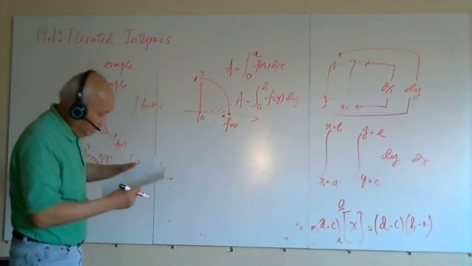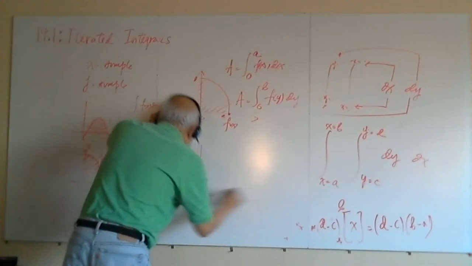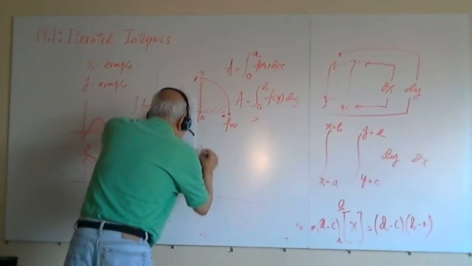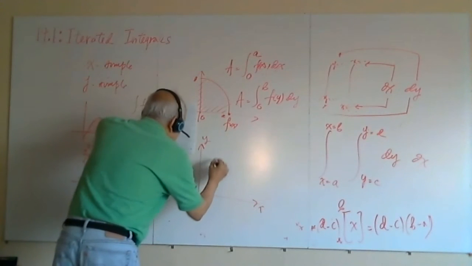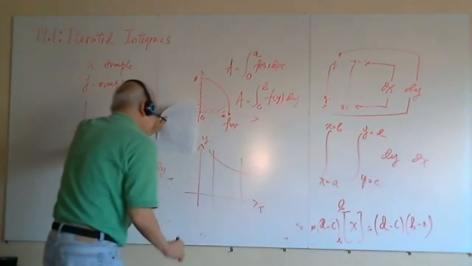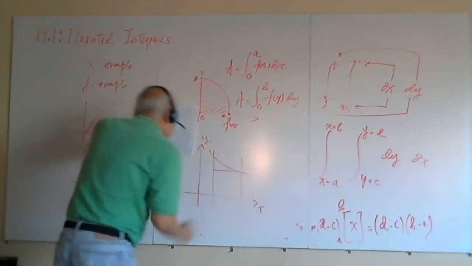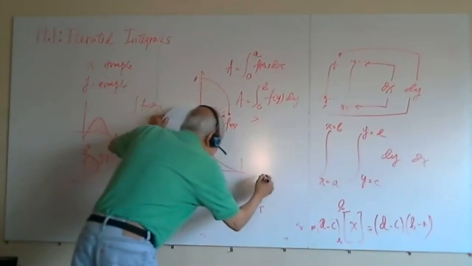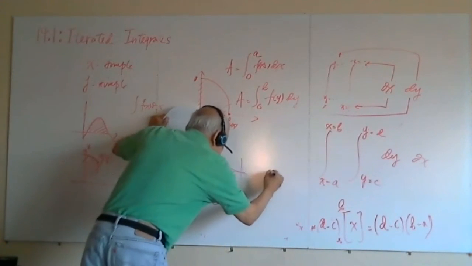And here is another one. Let's say this one is a, this one is b, and this one is f.